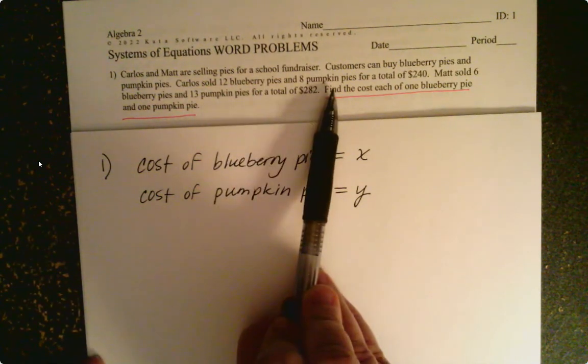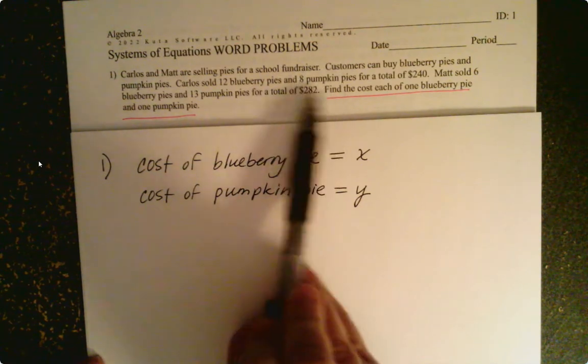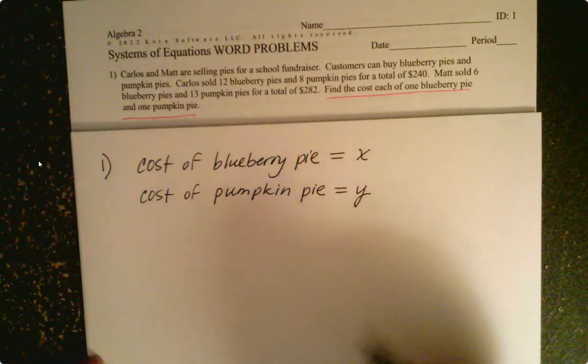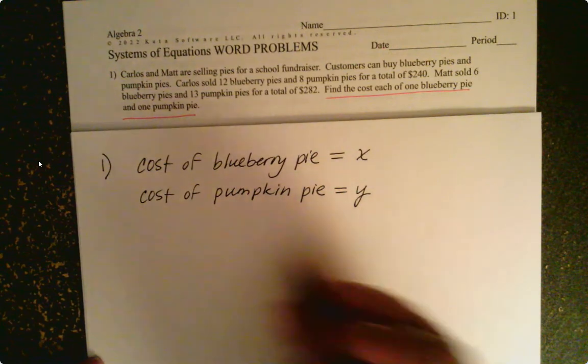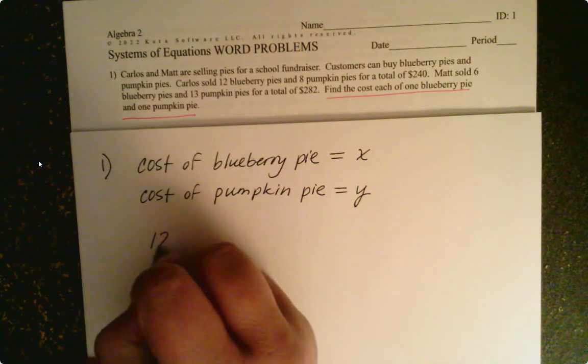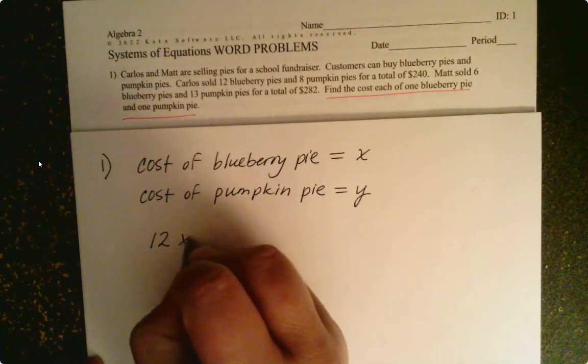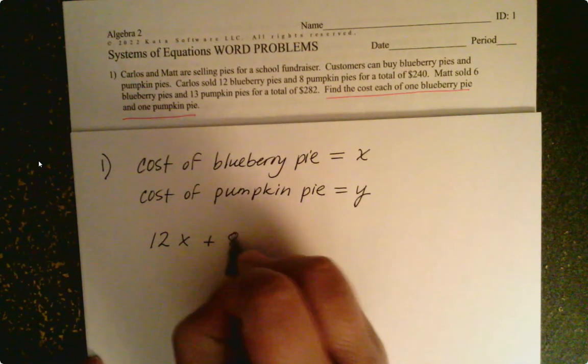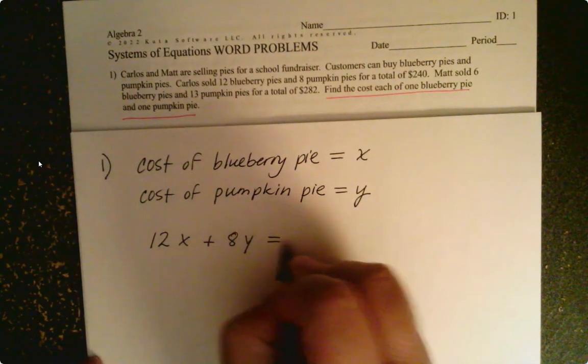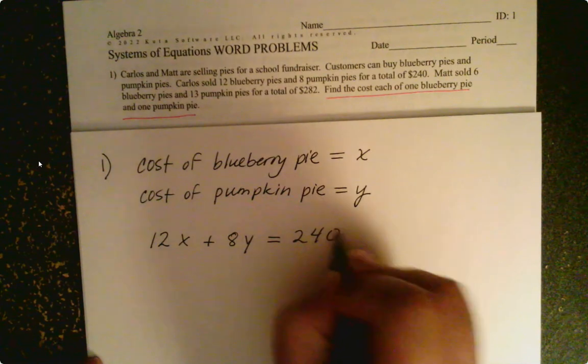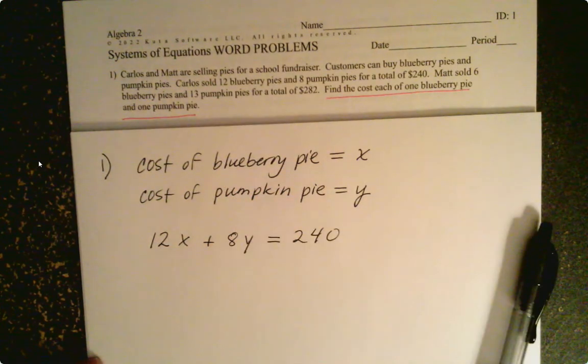And if we knew how much each pumpkin pie cost, we could do 8 times that amount and know how much money he raised doing pumpkin pies. So, in other words, our equation is 12 times the cost of a blueberry pie plus 8 times the cost of a pumpkin pie gives me the total amount he raised.